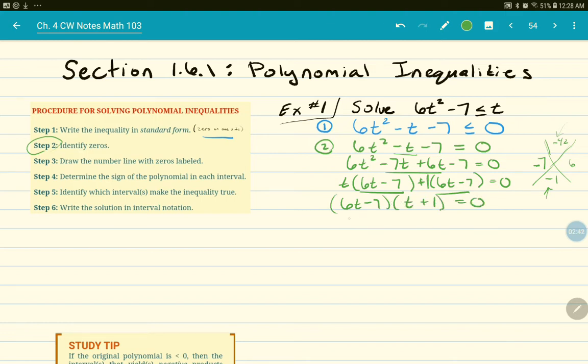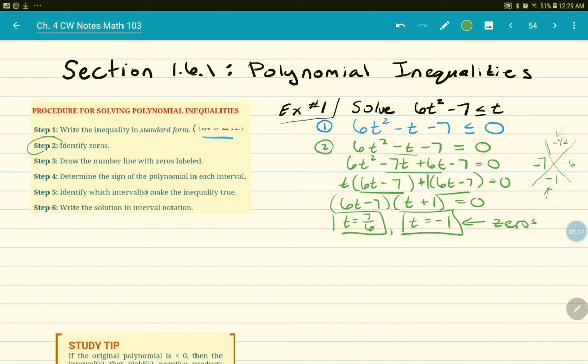That equals 0, so my two zeros are t equal to negative 1, which corresponds with the t plus 1, and t equal to 7/6, which corresponds with the 6t minus 7. So those are my two zeros. That was step 2.